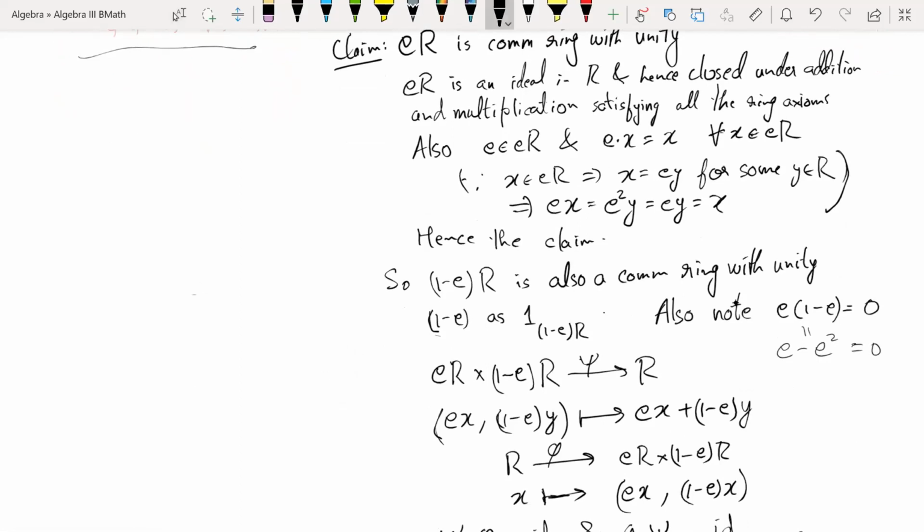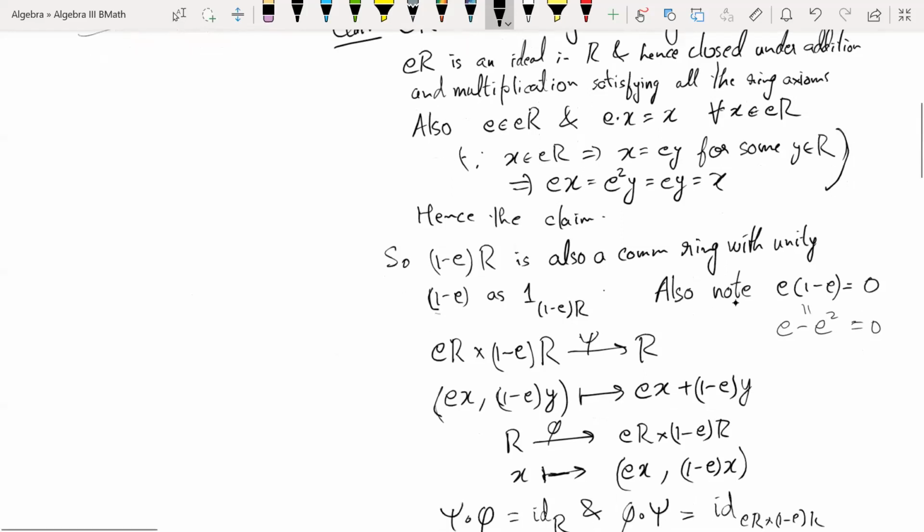You take X, then E times X is in ER, and 1 minus E times X is in 1 minus ER. So this is our map phi, which again is well defined. Let's just check that the two compositions, C compose phi and phi compose C, are identity. If we check this, then that will say that C and phi are inverses to each other.